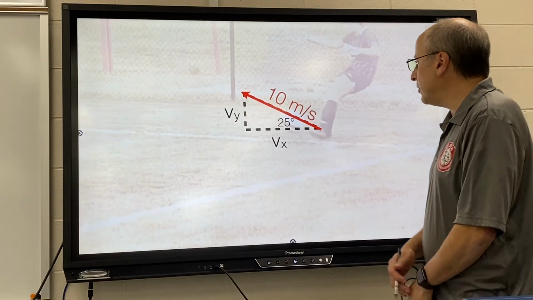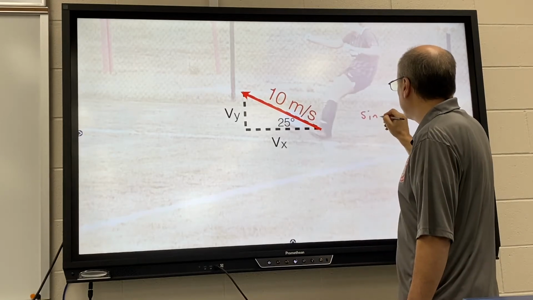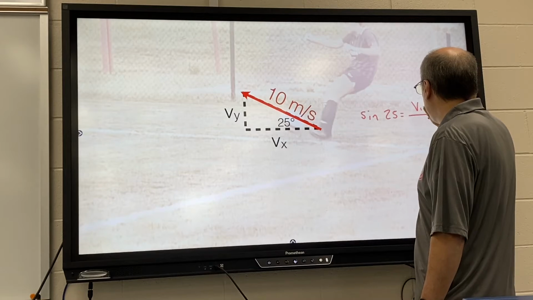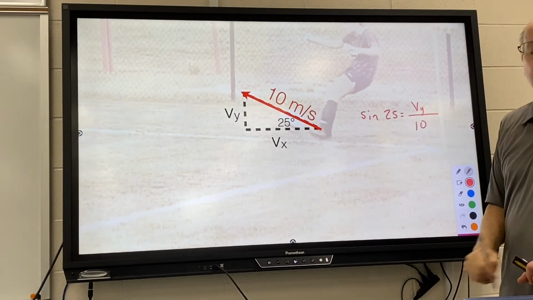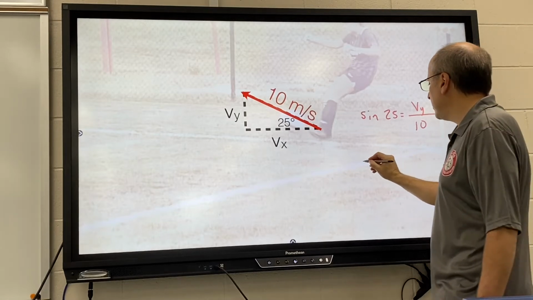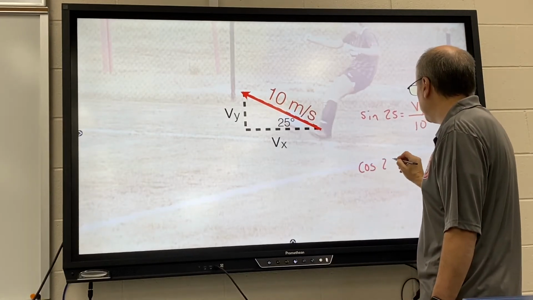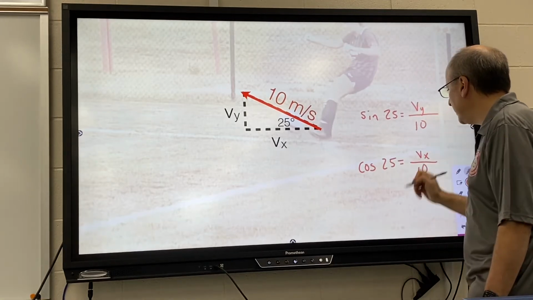So what you're going to do is employ the sines and cosines we learned about before. We're going to say the sine of 25 degrees is equal to the opposite over the hypotenuse. You're going to solve for Vy. You're then going to do the same exact thing, but this time for cosine, and the cosine will get you the x velocity.